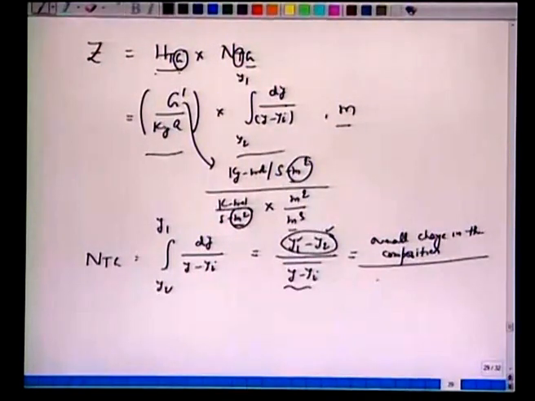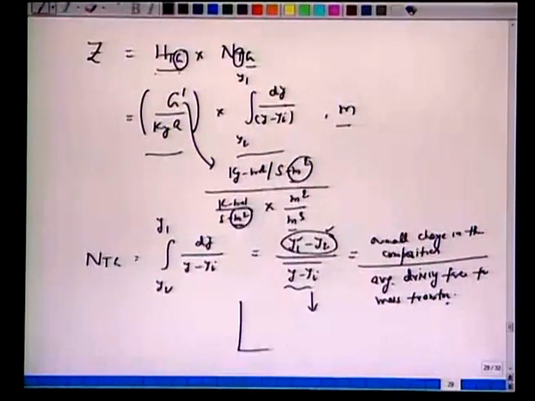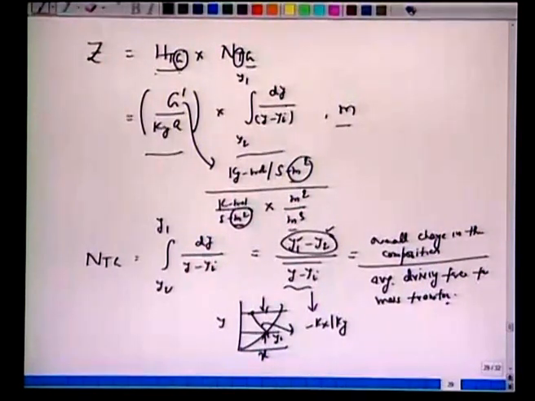It is nothing but the average driving force for mass transfer. And how do we obtain yi? You recall on this equilibrium curve y and x, we draw this point, take the slope of minus kx over ky. So, at any location, if this is x and y and we take the slope, this will hit the curve to give you yi. That is, y minus yi is the driving force for mass transfer in the column.